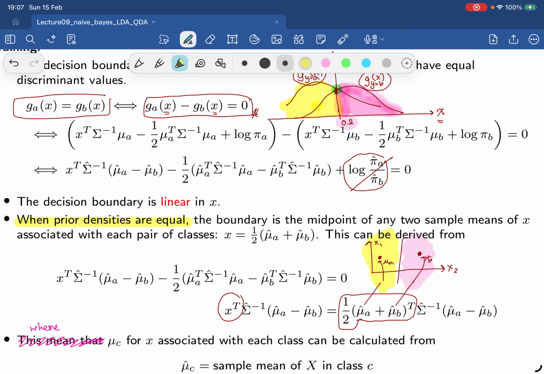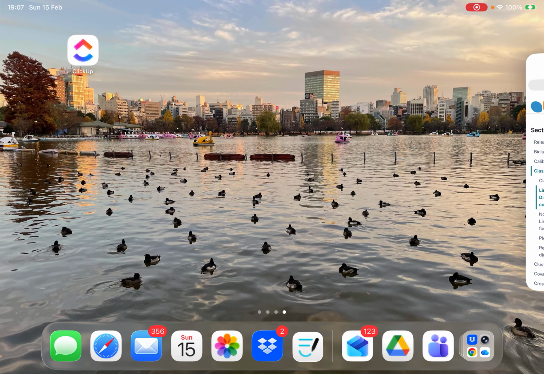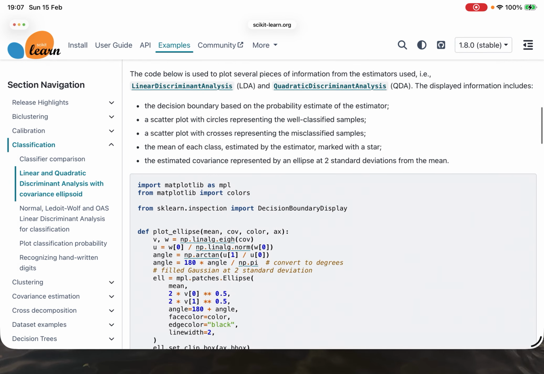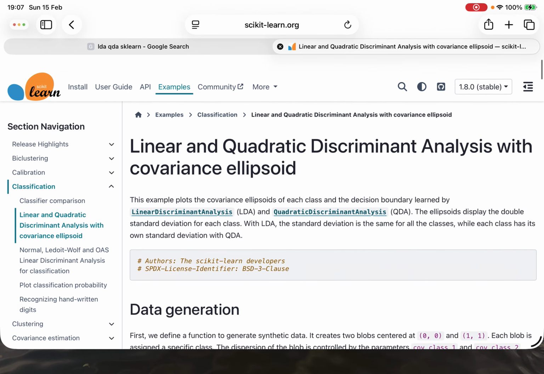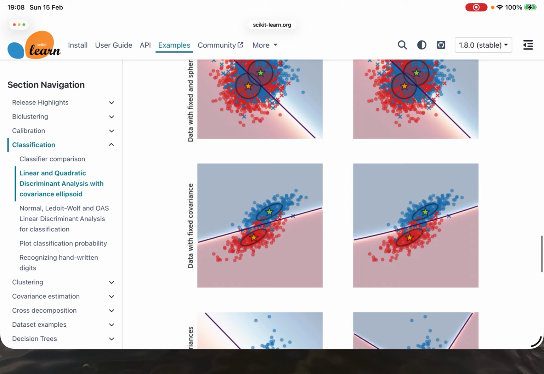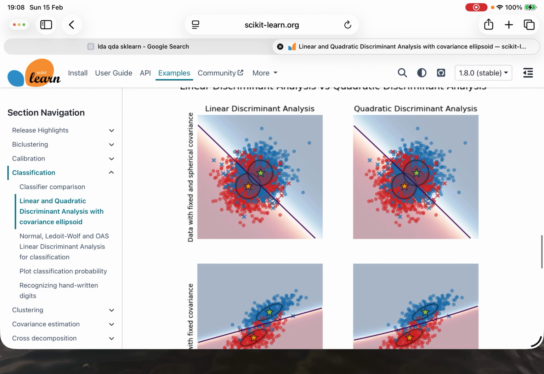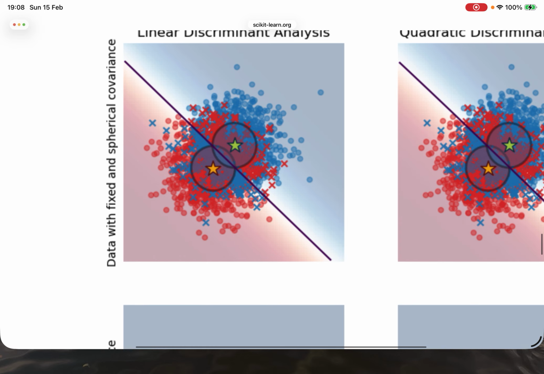And this happened because we assume that the sigma is the same. And in fact, that's the reason why when you look at this example, this is the decision boundary.